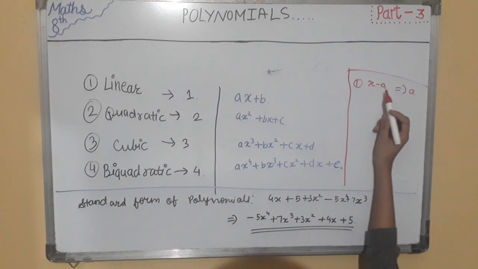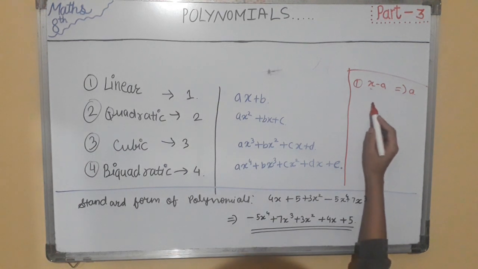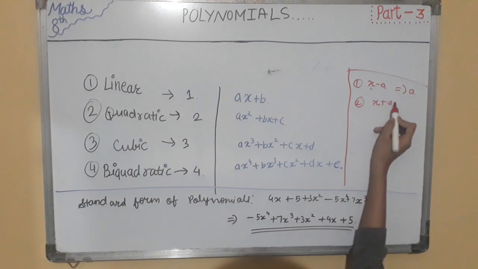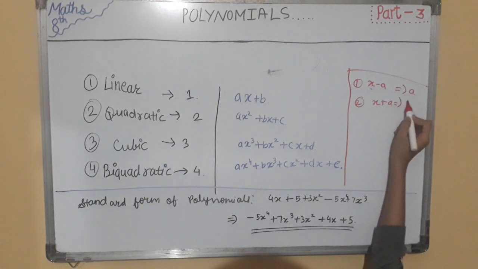X is the main variable. Second example is x plus a, zero of the polynomial is minus a.